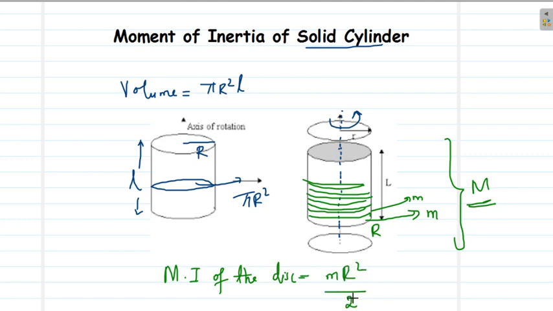This is the moment of inertia corresponding to a disc making rotations about an axis passing through the center and perpendicular to its plane. This situation is exactly identical to that case. Here the mass of each disc is small m and the radius is capital R. So the moment of inertia is small m r square by 2.